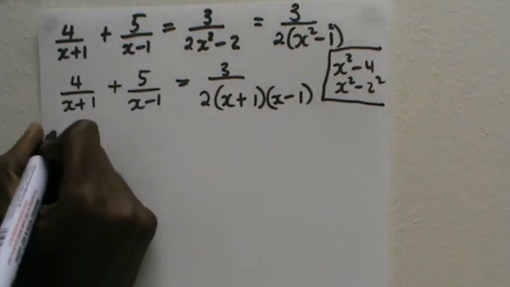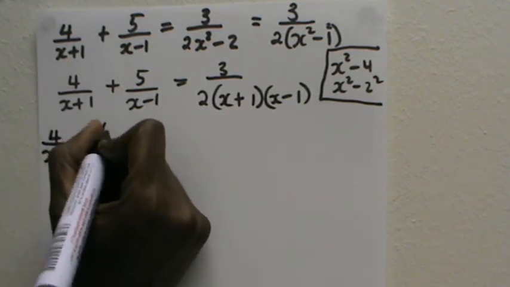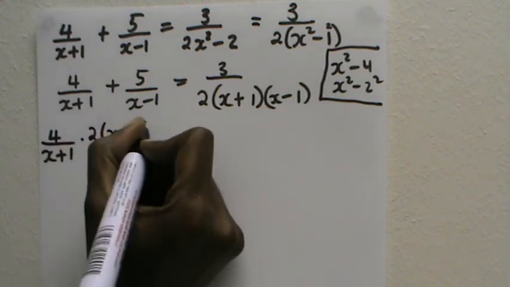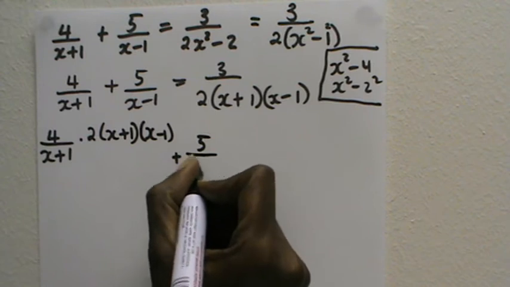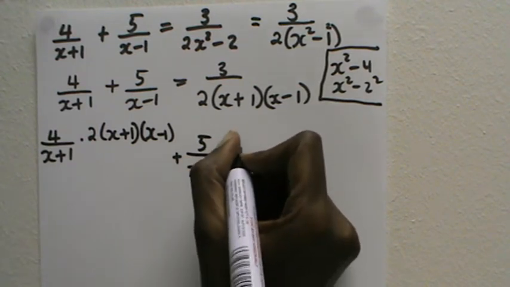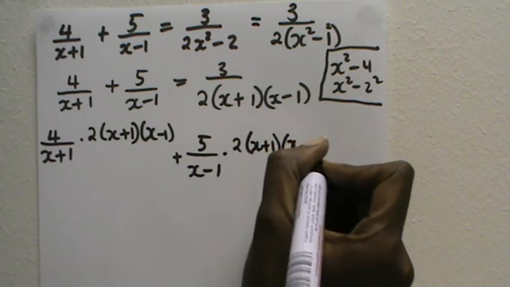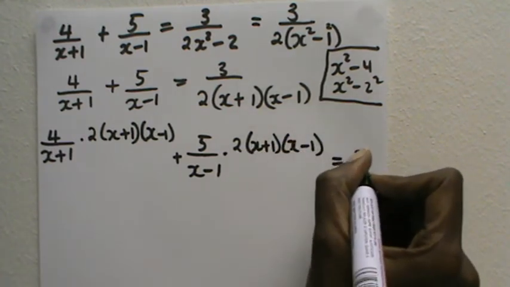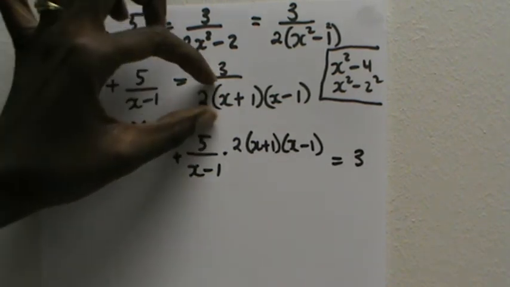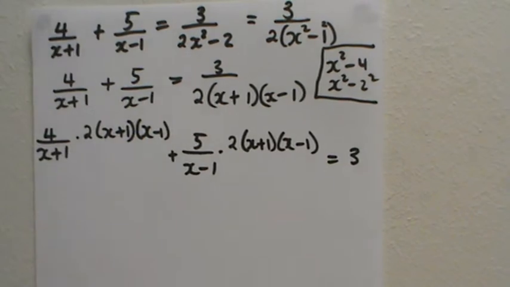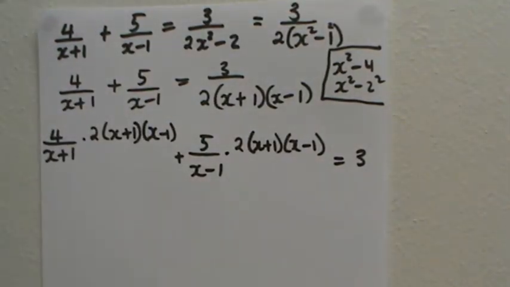So I have 4 over x plus 1 multiplied by 2(x plus 1)(x minus 1), and then plus 5 over x minus 1, and multiply this by 2(x plus 1)(x minus 1). And then here I'll just write 3 because I don't have space, and also because I know that this denominator will be cancelled out when I multiply it by every term in my equation.